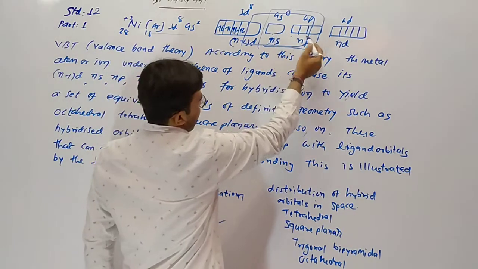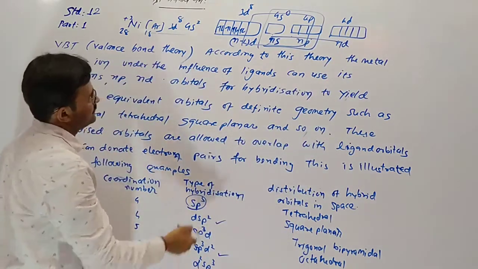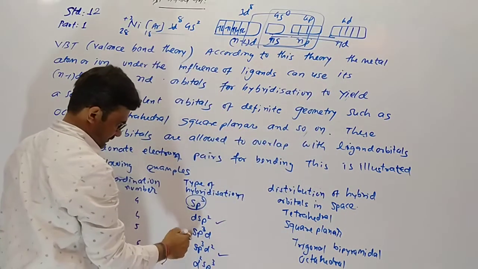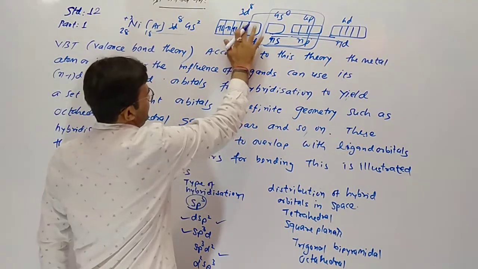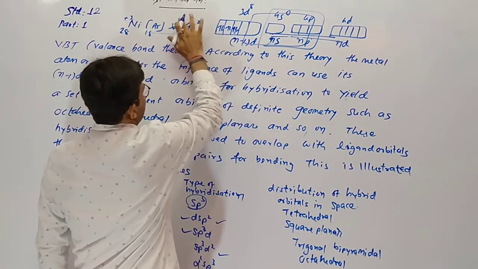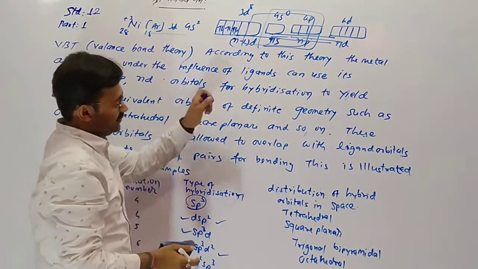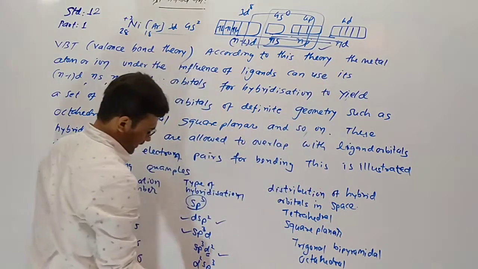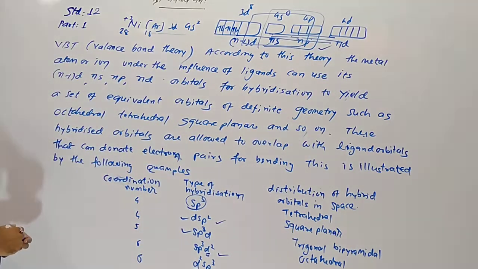Sometimes sp3d2 hybridization occurs, sp3d occurs. And d2sp3 means 2 d orbitals are vacant. In a particular case, in d2sp3, d is first, so it is 3d, while in sp3d2, d is last, so it is 4d.